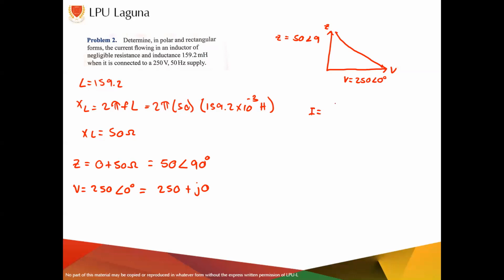So, paano natin kukunin ang I? I is equal to V over Z. At ang V natin is 250 bar angle 0 over 50 bar angle 90 degrees.